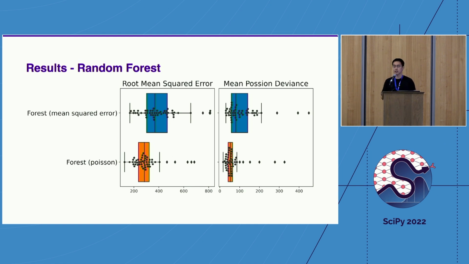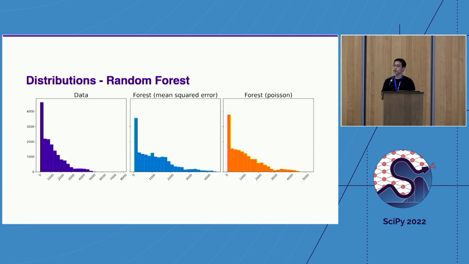And this is evident when we look at the distributions. The middle one is mean square error, and the rightmost one is Poisson. Even for the mean square error, the distribution does look like the data. It's much better than what Ridge did. So in this case, the forest with default parameters still performs fairly well.